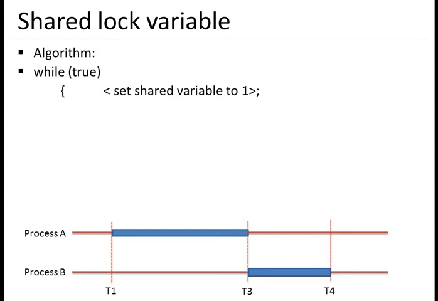Okay, so let's see this algorithm. While true, set shared variable to 1. So what does it mean? It is right now 0, and if it wants to enter the critical section, it sets it to 1. So you can see process A enters the critical section and sets the lock's value to 1. After that, it performs whatever this process wants to do with the shared resource.